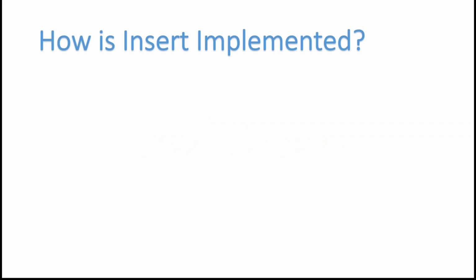How is insert implemented? We talked about querying, we talked about building. As we said, rows don't go straight into the columnstore, but when we insert rows, they go into an object called the delta store, which is an unindexed heap. It's just a regular rowstore table, but it doesn't have any indexes, no clustered indexes and no non-clustered indexes.